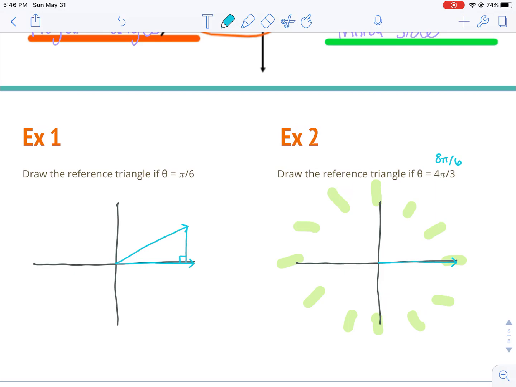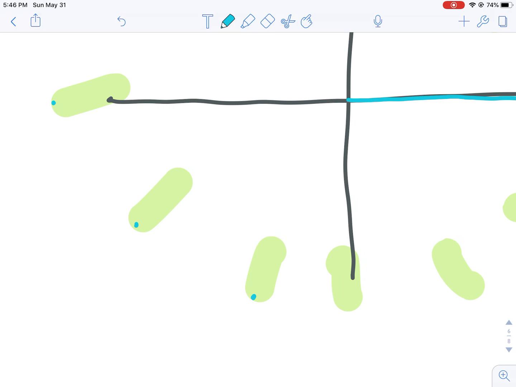So I would have 1 pi over 6, 2 pi over 6, 3 pi over 6, 4 pi over 6, 5 pi over 6, 6 pi over 6, 7 pi over 6, 8 pi over 6 would be right here. So there's my terminal side. And then I'm going to drop in that reference triangle going up here.